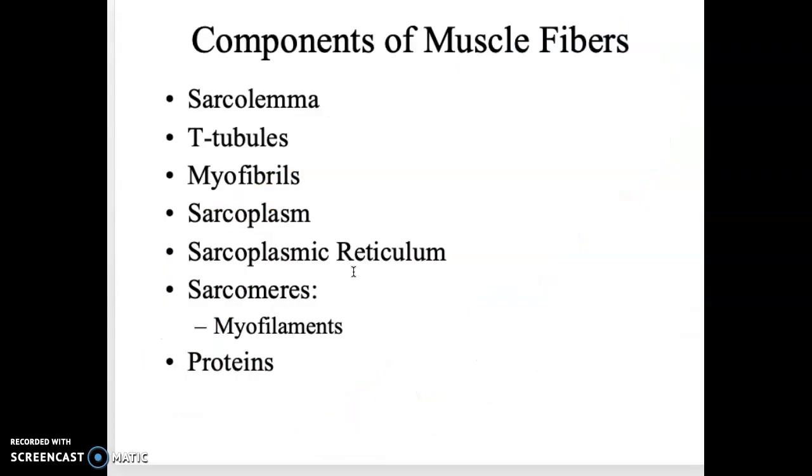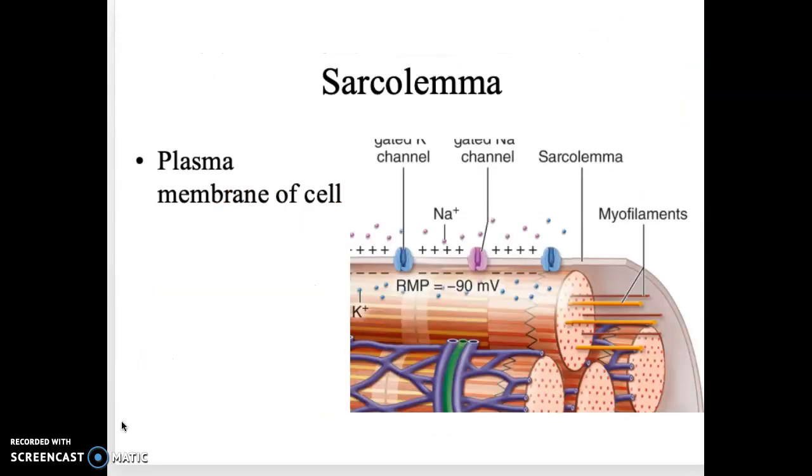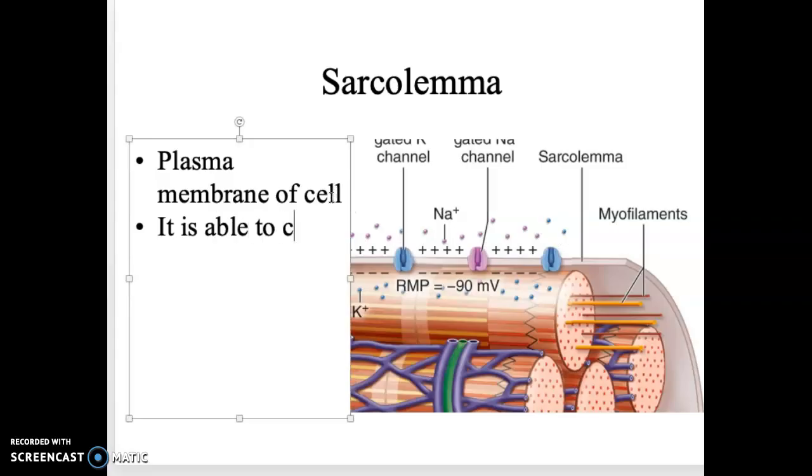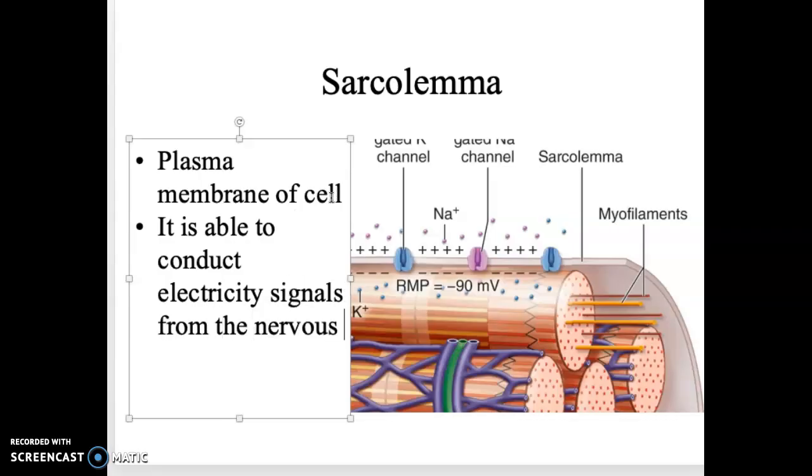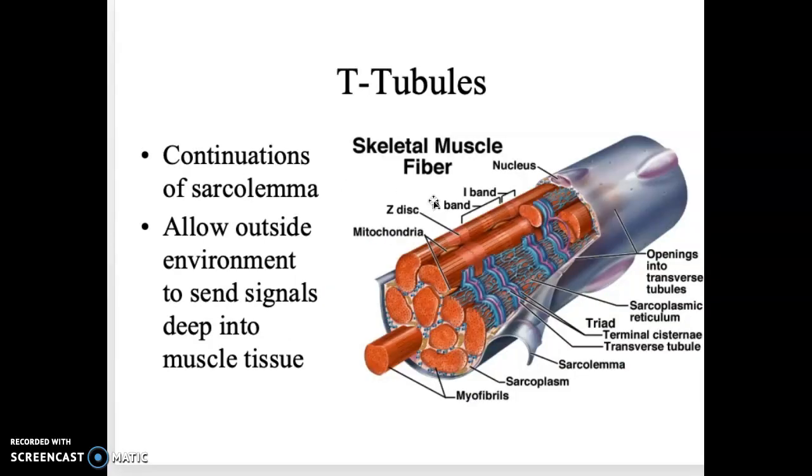So these are the different components. We will go through each of them. The sarcolemma is the plasma membrane of this cell. This is really important because it is able to conduct electrical signals from the nervous system. T-tubules are the continuations of the sarcolemma, part of the triad that goes deep into the muscle, which allows the muscle to be signaled.